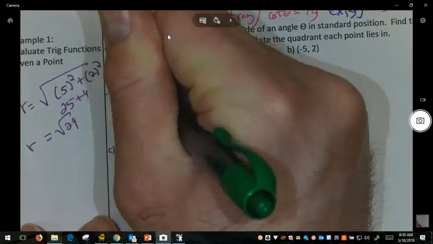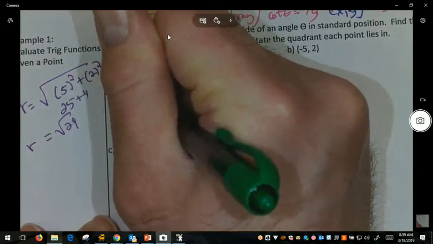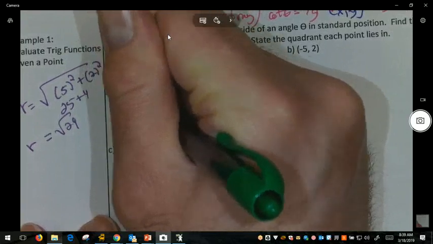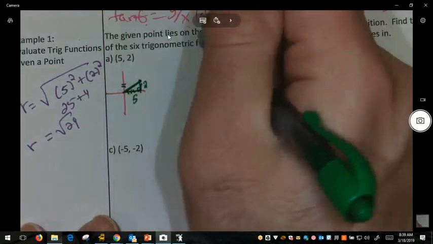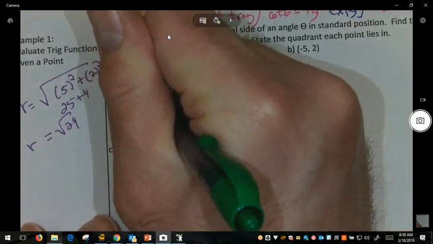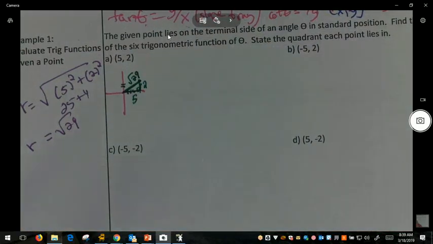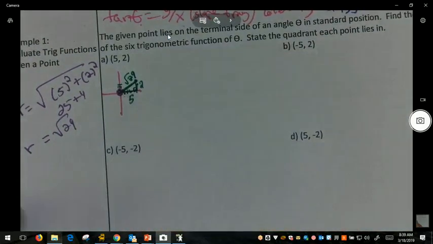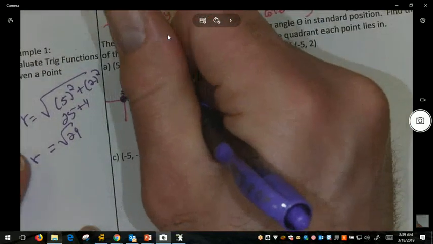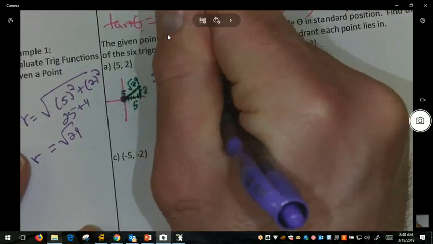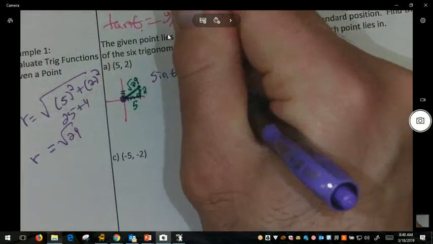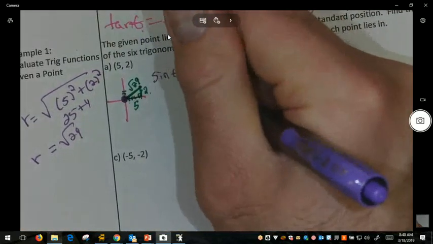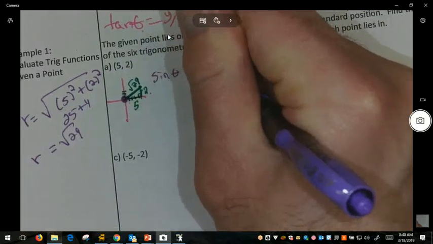It's right here. So it's a rise of 2, a run of 5, that's going to be our slope, and a hypotenuse or radius of the square root of 29. With respect to the origin, the angle that's sitting at the origin, the sine of this angle is opposite over hypotenuse, or y over radius.